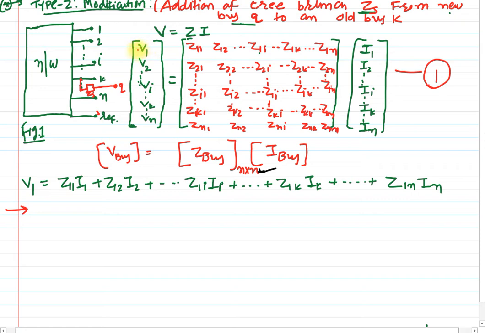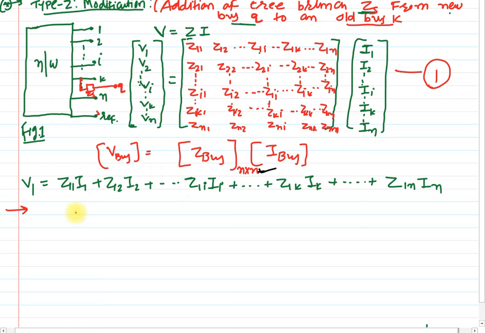As we all know that we have the voltage equation for each bus. Now we need to calculate the voltage of the new bus, which is bus number Q, which is added at bus number K, or we can say added at old bus number K with the self impedance of ZS.